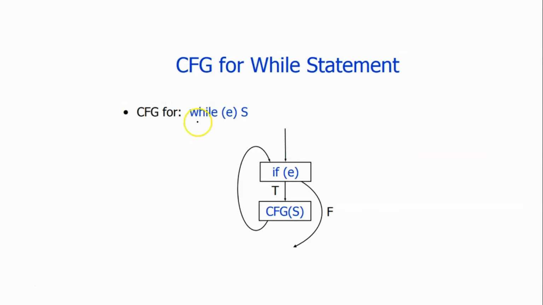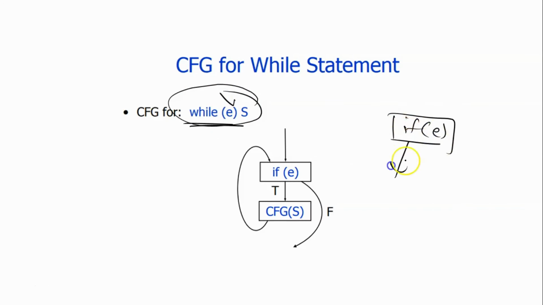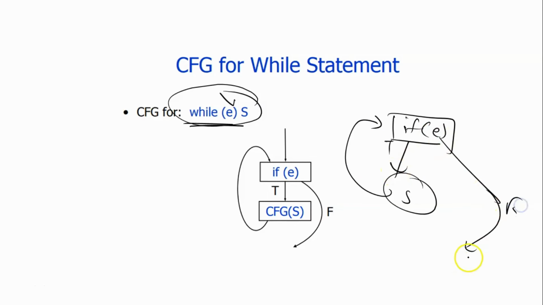How to make a CFG for a while statement? Very easy. This while statement basically says that if this condition is true, then you will execute S and then you will come back to it. If this condition is false, then you will just go to something else.